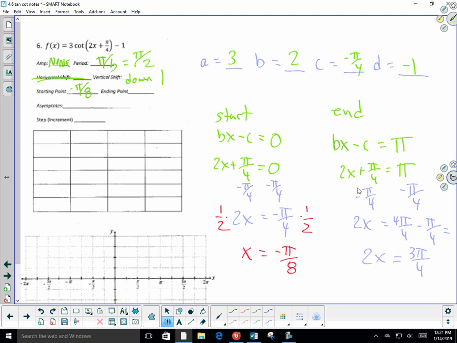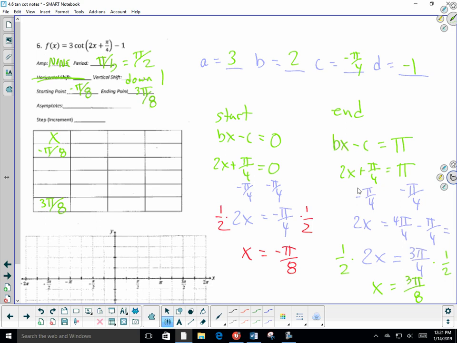And then if I multiply both sides here by 1/2, I think I get that my ending vertical asymptote is going to occur at 3 pi over 8. My ending vertical asymptote or ending point is going to be 3 pi over 8. So I can fill that out in my chart. Let's start with x here, and then negative pi over 8 here, positive 3 pi over 8 here.